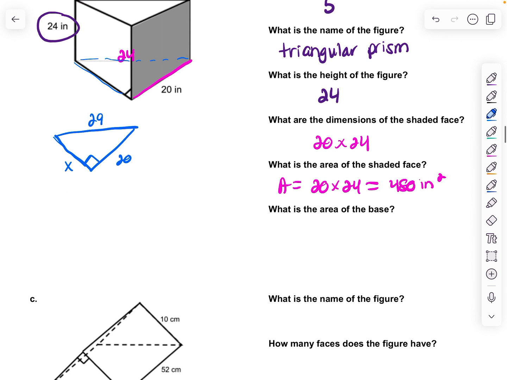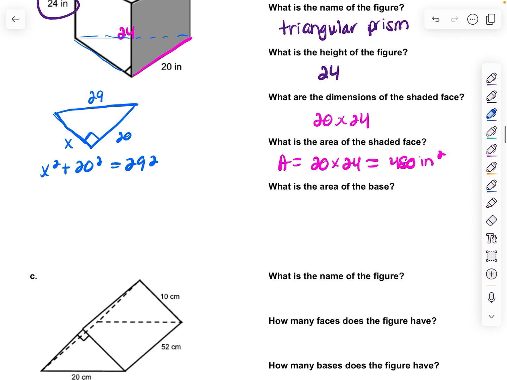So here comes our Pythagorean theorem. We've got x squared plus 20 squared equals 29 squared. I'm going to speed this process up for time since we've practiced this a whole bunch. x squared should be equal to 441, which means your dimension is 21.